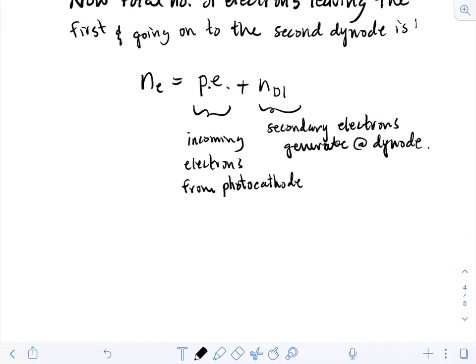Okay, so after that, what we would do is repeat step 2 for all dynodes.